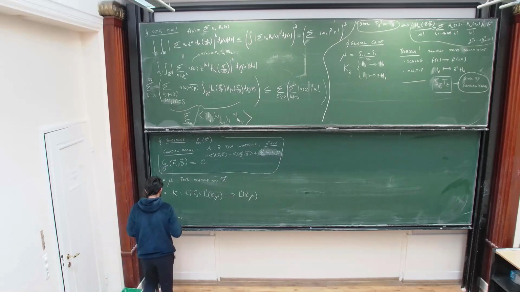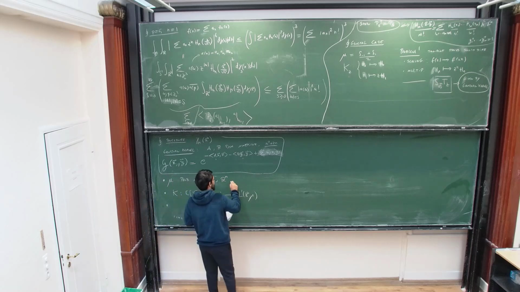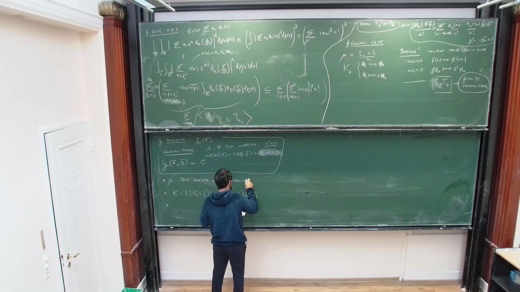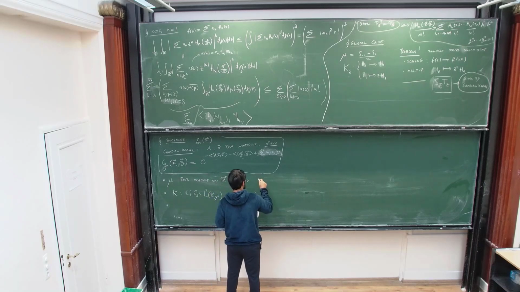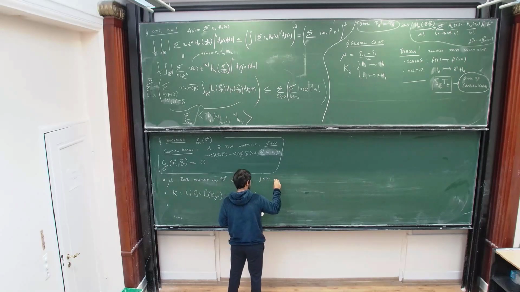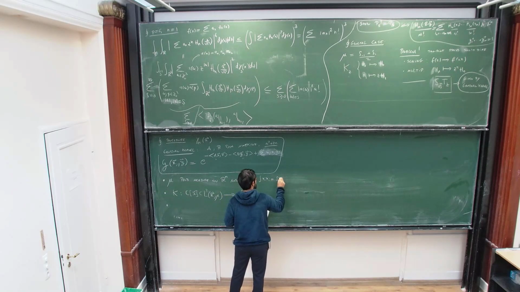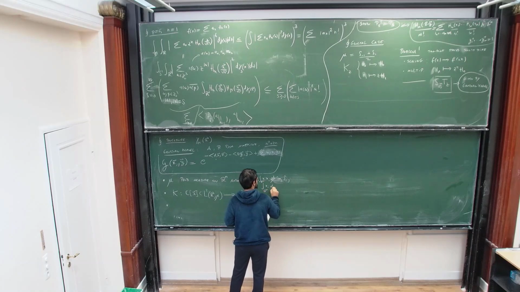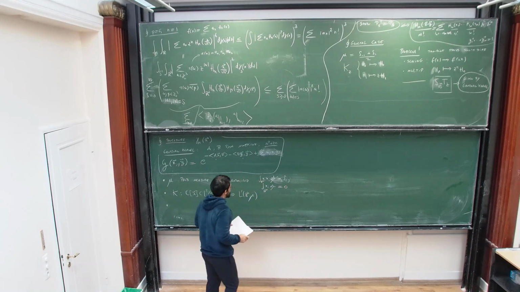And then you want to normalize. So this measure has to come with a normalization. You can always do that in the end because you have freedom in the operator. It's on R^n.